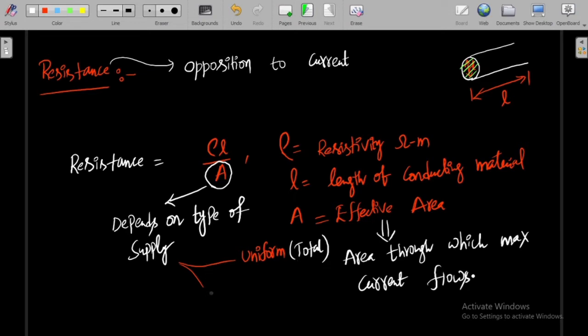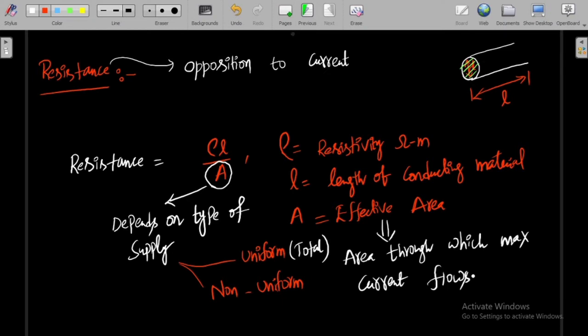Or in a non-uniform manner, in the sense that some layers have more current and some layers have less current. Now why is it happening? It is mainly happening because of AC supply.